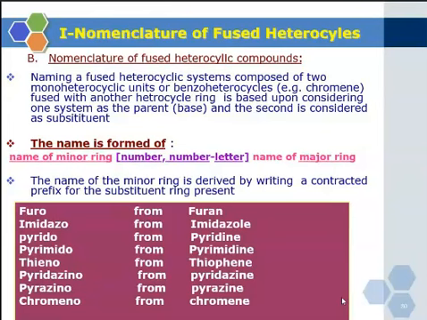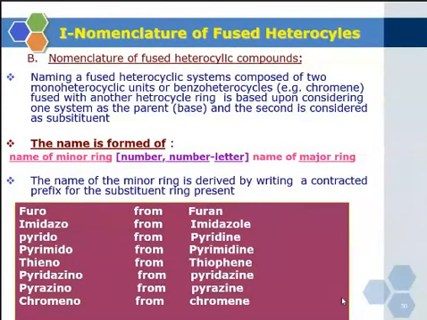In a simpler way, when we talk about a fused heterocyclic system where there are two monoheterocyclic units or benzoheterocycles, one is considered as the base or the parent and the second is considered as a substituent on it.